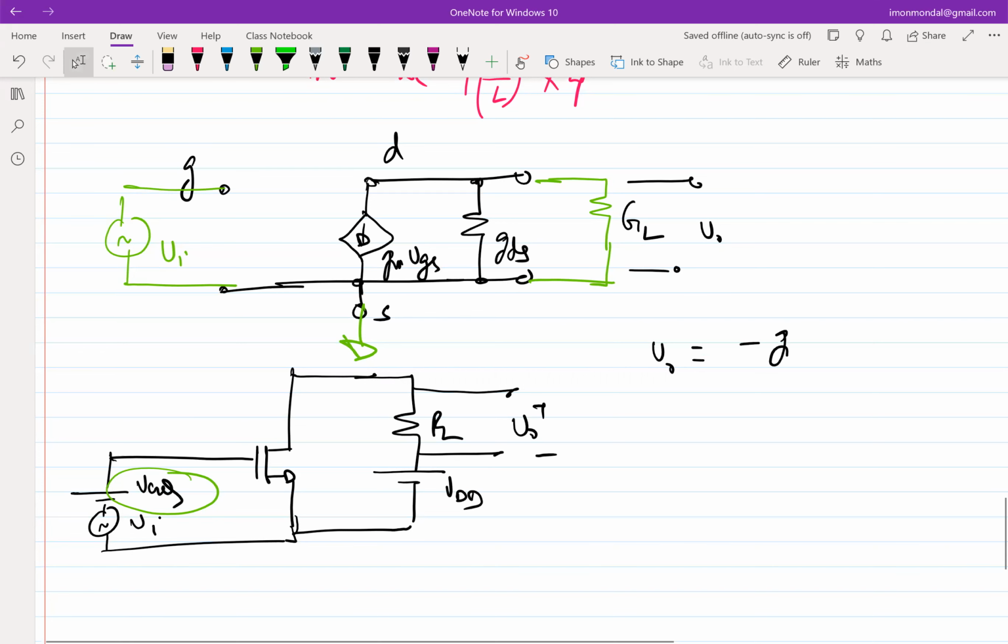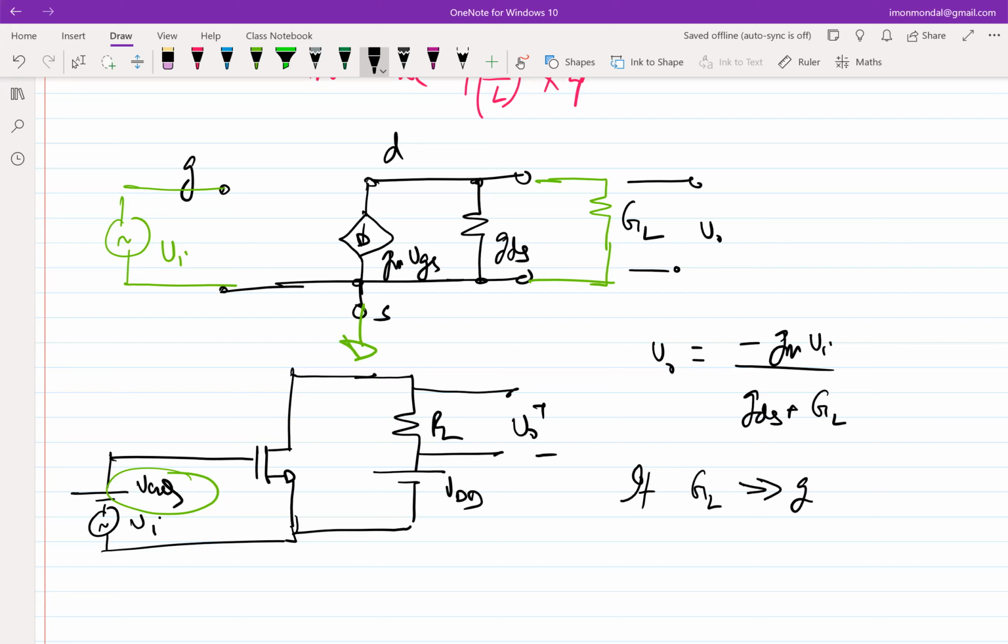So this becomes minus GM times VI over the sum of GDS and GL. As was pointed out, in this configuration it is sometimes possible to neglect GDS, because if GL is much greater than GDS, then V naught will be approximately minus GM times VI over GL, or minus GM RL times VI.